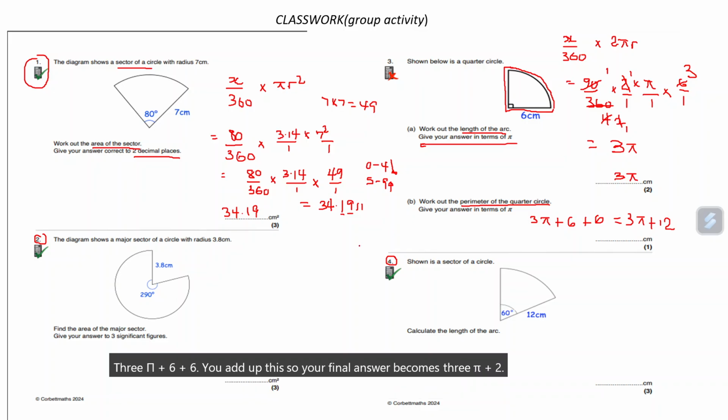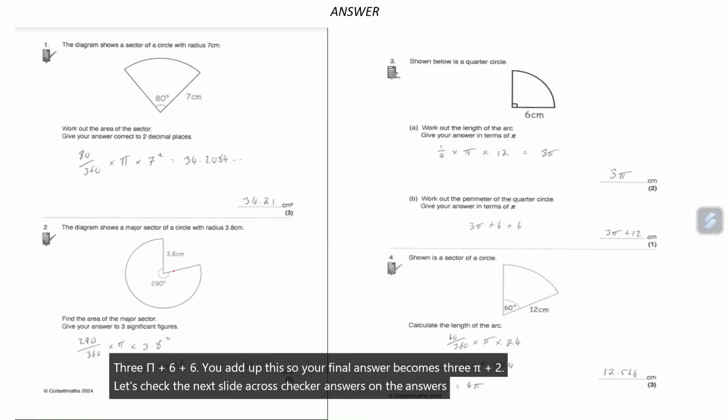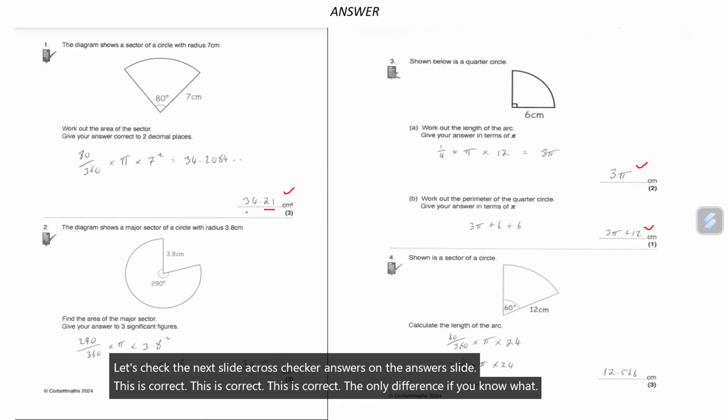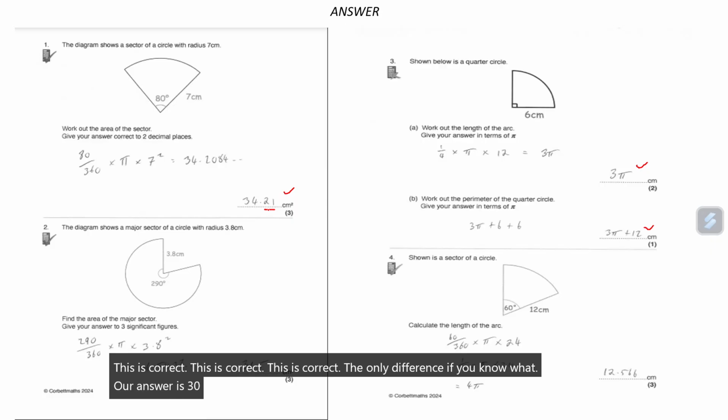Let's check the next slide and cross-check our answers on the answer slide. This is correct. This is correct. This is correct. The only difference, if you note, our answer is 34.19 and this is 0.21.